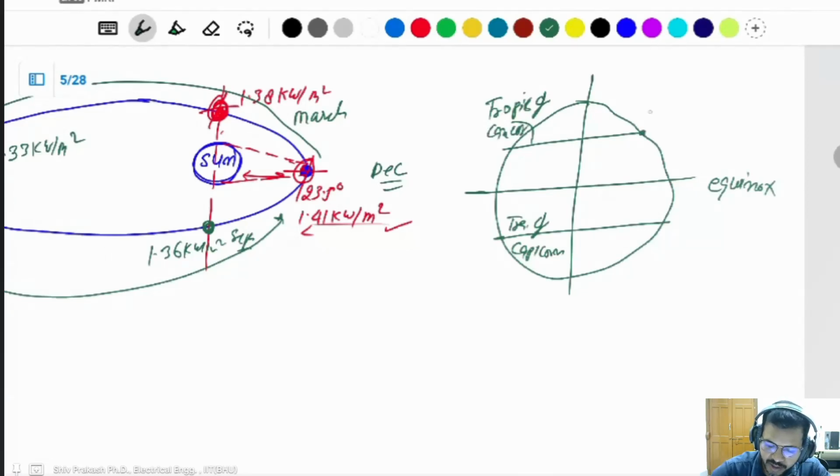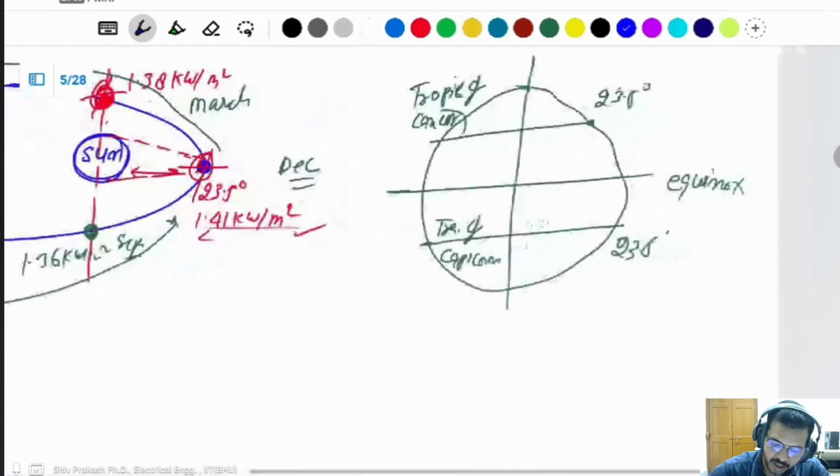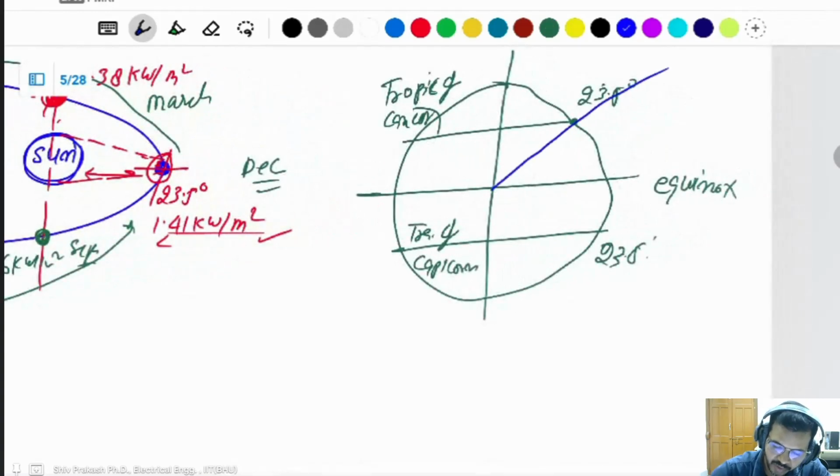This angle is 23.5 degrees, and this will also be 23.5 degrees. It means the sun varies only from here to here.